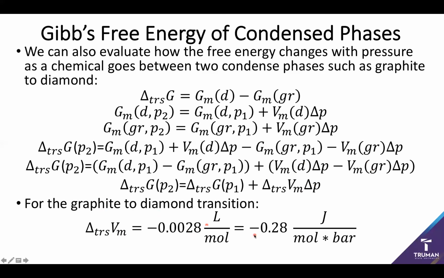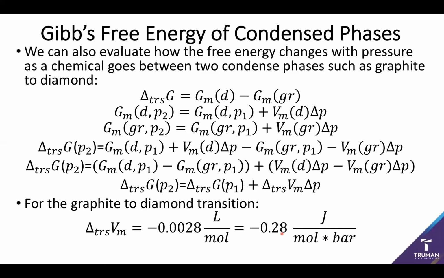What we find is it's going to have a negative value of about 0.3 joules per bar, which means that for every bar of additional pressure I put on the system, I'm going to stabilize my product, diamond, by about 0.3 joules. So if I put the system under a kilobar, or 1,000 bar of additional pressure, I now favor the formation of diamond by about 300 joules.